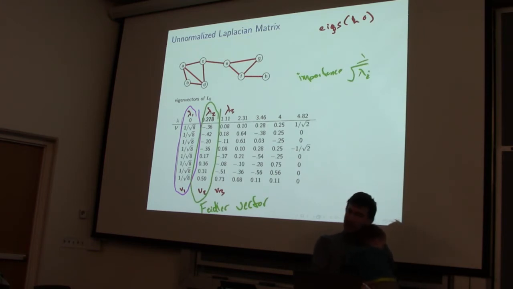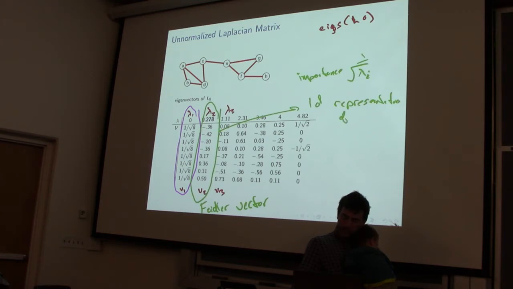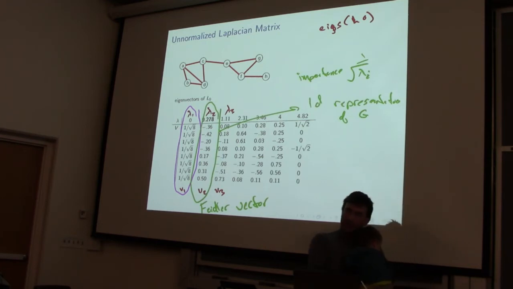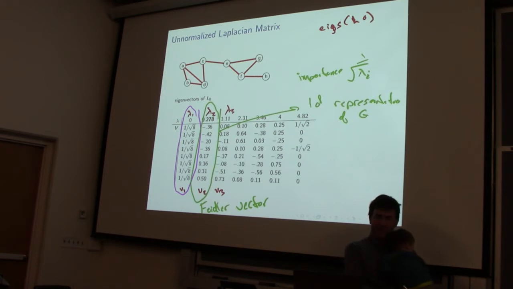But the eigenvector is going to tell us something interesting here. The eigenvector basically tells us a 1D representation of this graph. So it's telling us, if I were to map this graph onto the line, what's the best way to do so?